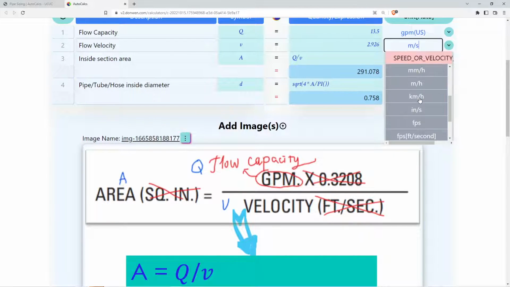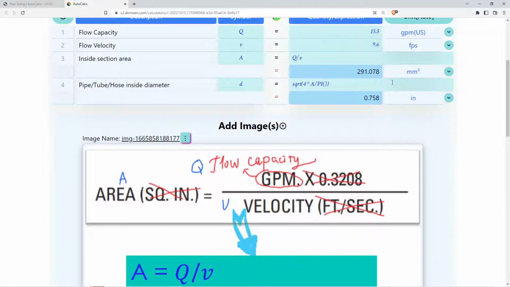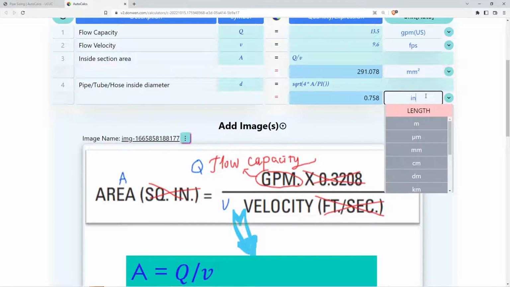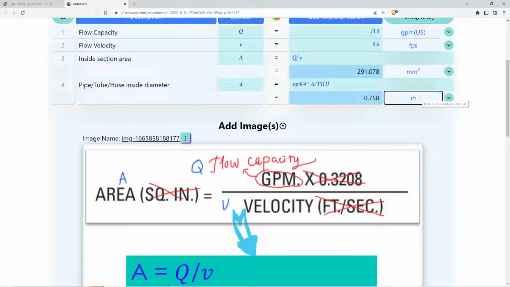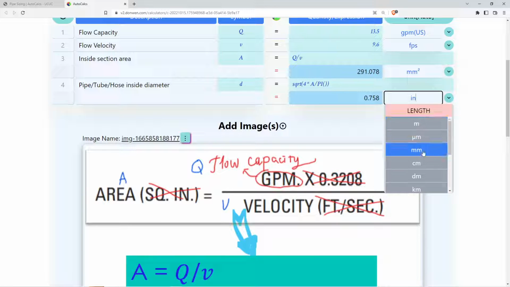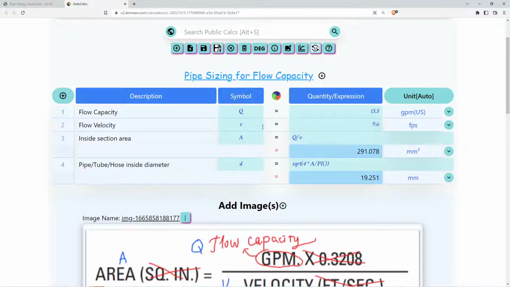We change back to feet per second, 9.6. The same thing for the result. When it is inches, it's about 3/4. If we want to show that in metric, it's 19.25, something like that. So this gives us complete flexibility to use whatever units you like, either on the input side or on the calculated result.